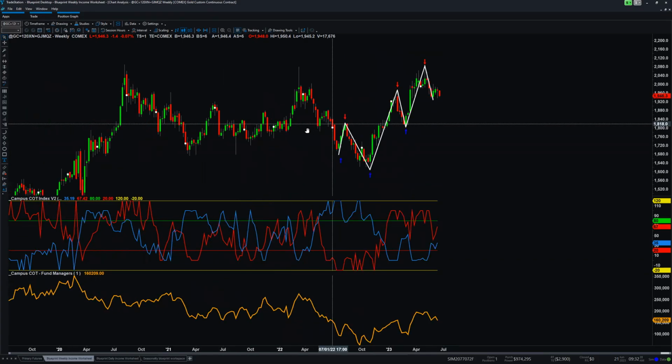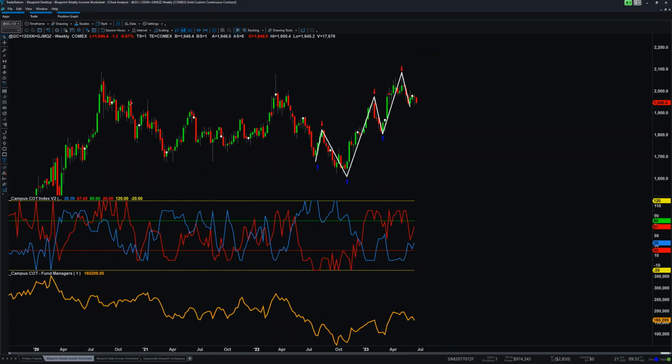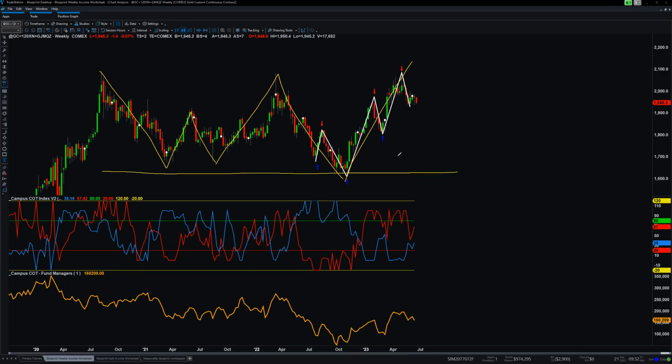What we also have, however, from a larger picture, and I don't want to draw this in, but I'm just going to do a drawing here. From a larger picture, we could also argue a kind of sideways trend, where I've got my resistance area up here somewhere, the all-time highs, and I've got demand coming into play, or support, down here.